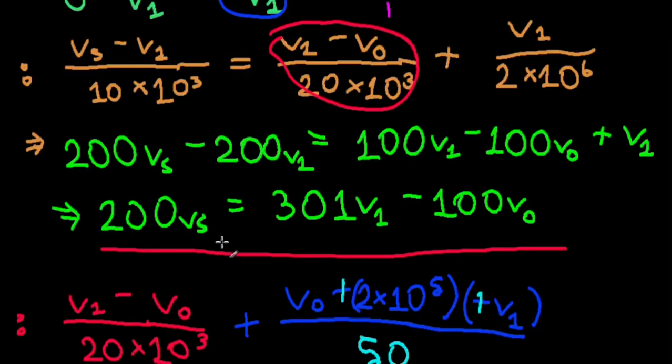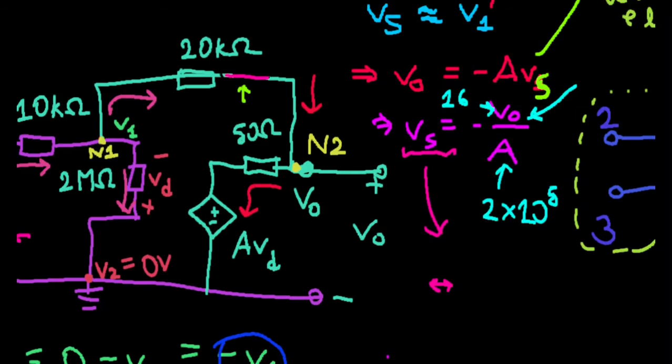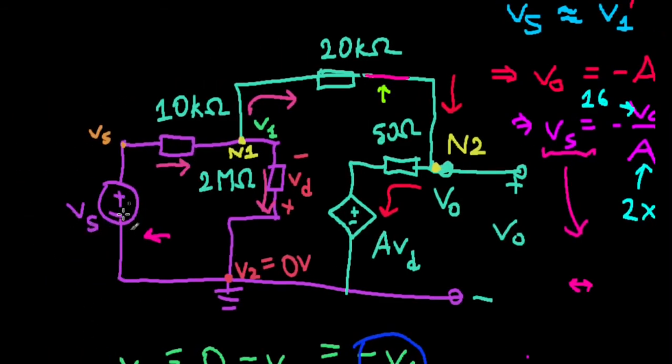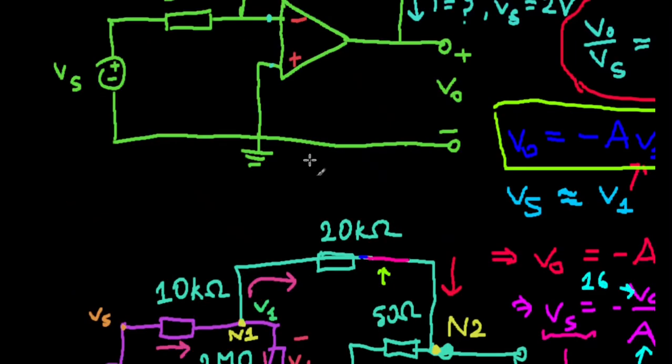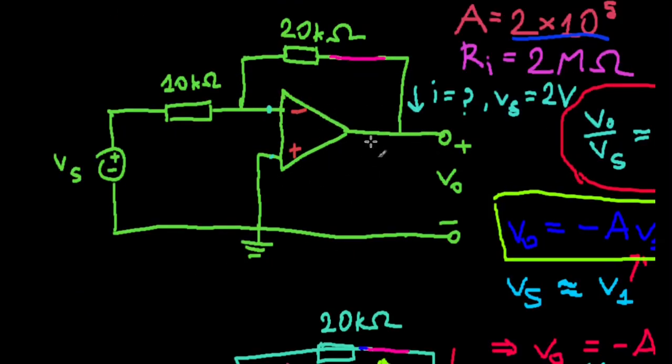So we had our supply voltage, that's Vs. We just fit a cell here with an EMF of Vs, and due to this circuit, which has this op amp, we are getting an output that's equal to minus 2 multiplied by this thing.